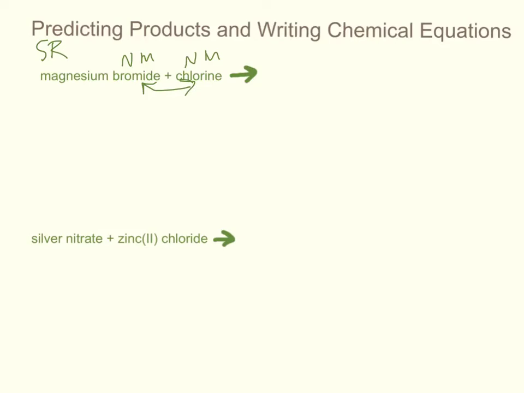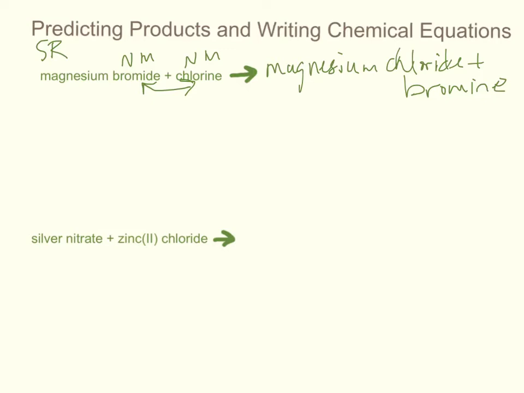Alright, so we know that we're going to have magnesium chloride plus bromine. And notice that I've said bromine, not bromide, because since bromine is by itself, you don't change the ending to "ide." Now let's write that out in formula form.